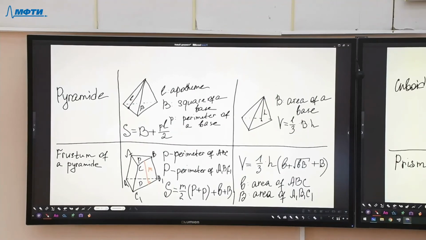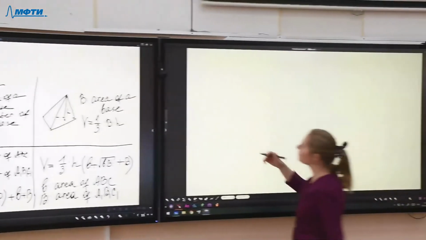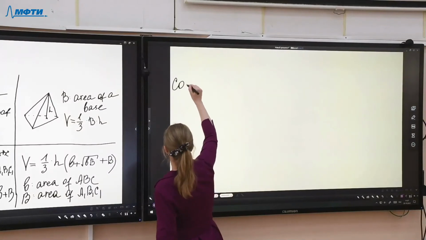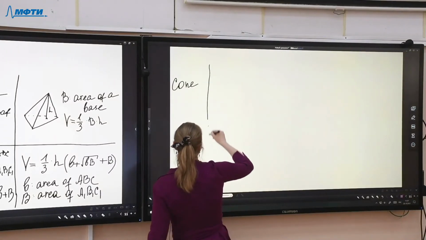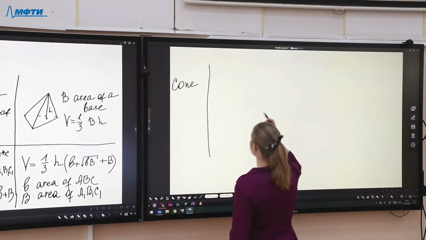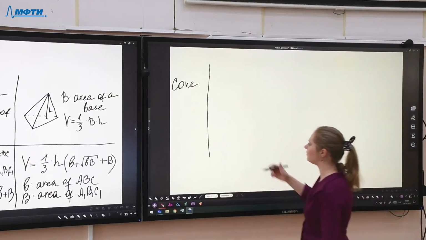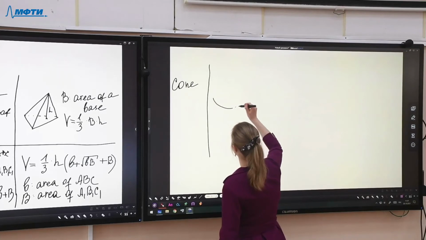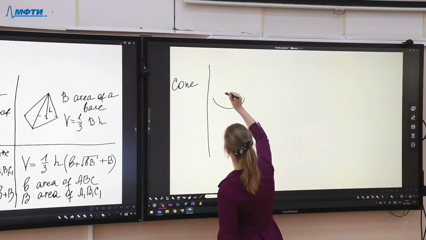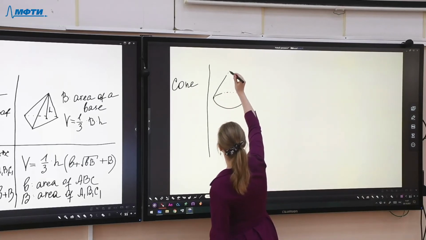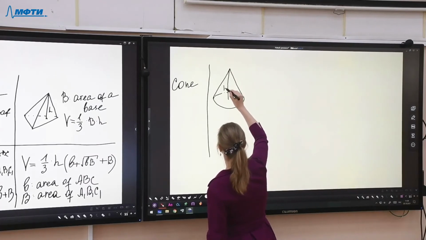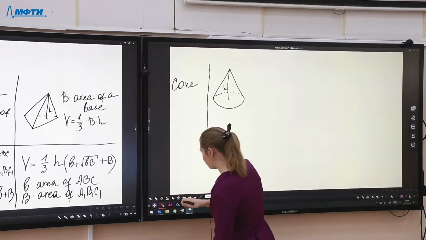Well, also we need cones. We need formulas for cones. If we are talking about a right cone, let H be an altitude of this cone.